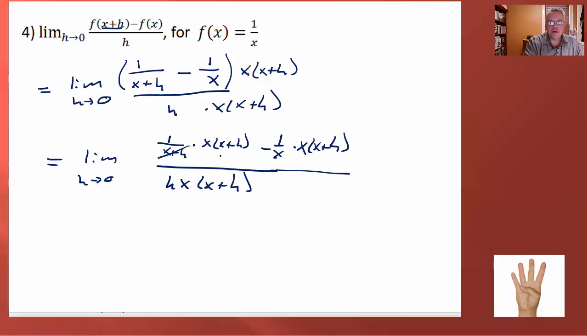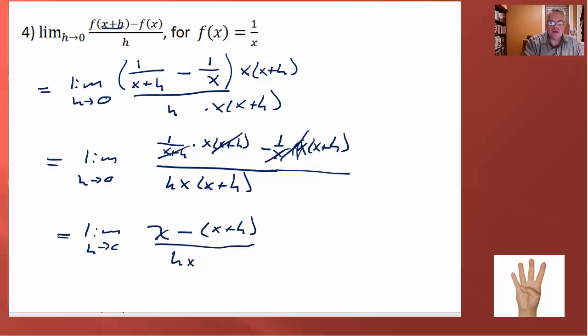All right, sweet. These will cancel here. The x's will cancel here. Let's see what's left. So the limit as h approaches 0, here we just have x times 1. We have minus, what's left here? Well, the x is canceled there, and I'm left with minus 1 times x plus h, so it's just minus x plus h, over x plus h. All right, we keep going till we can't simplify anything.